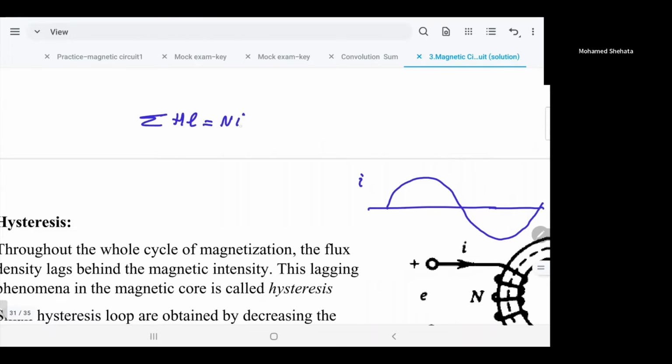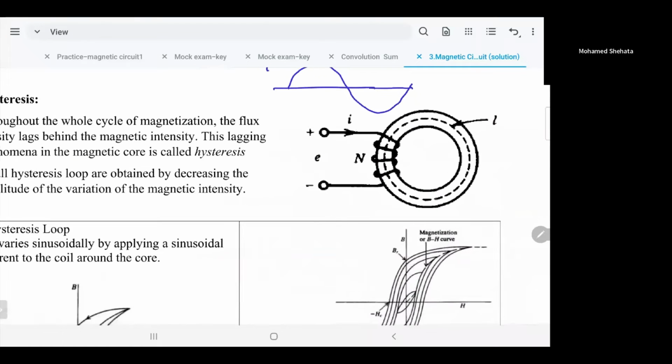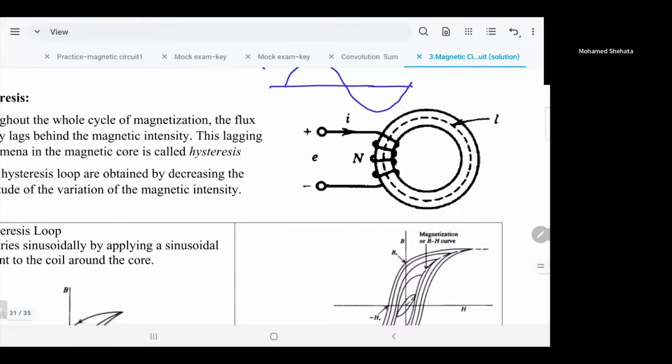So there's a relationship between current and H, because if we say L is fixed, in this example, that's our L. That's the mean path inside this ring, and we can calculate that. There is one problem, I think, in the notes.